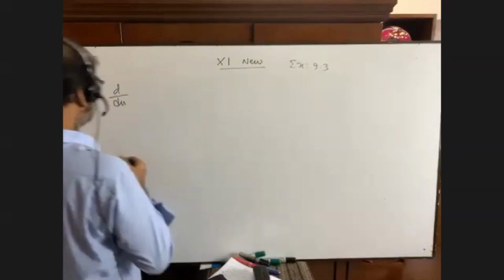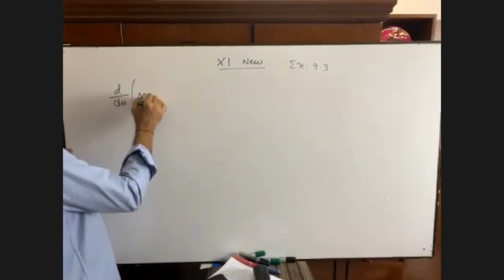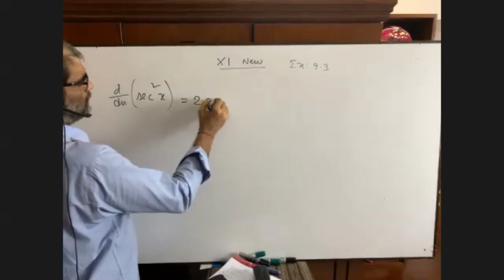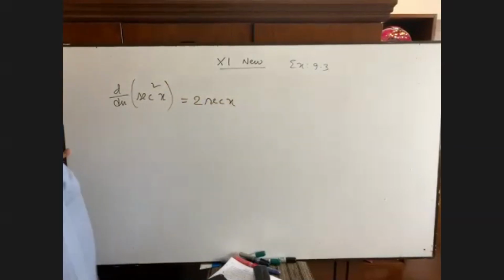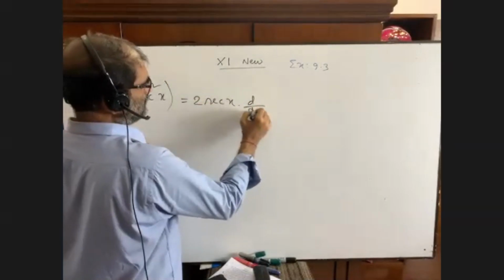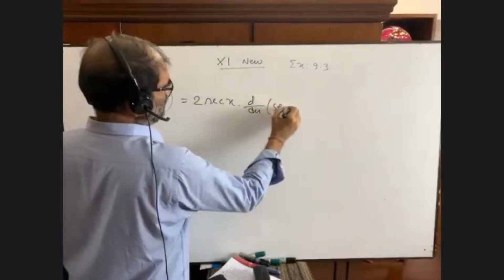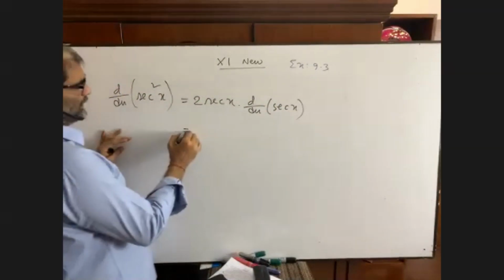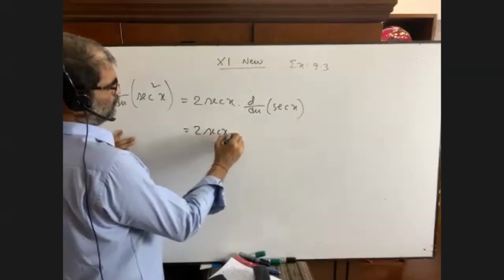Then the next math is sec square x. What is it equal to? 2 sec x, right? Then d by dx of sec x. So we are getting here 2 sec x.